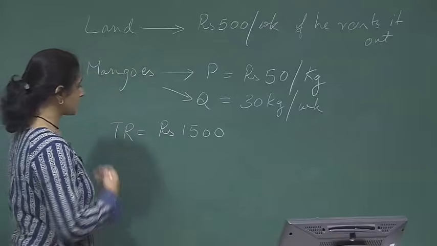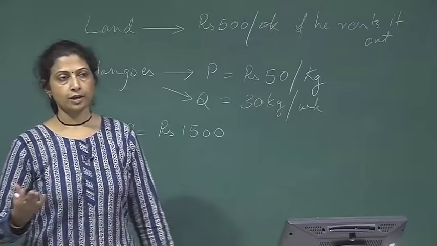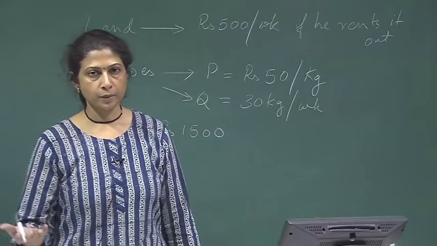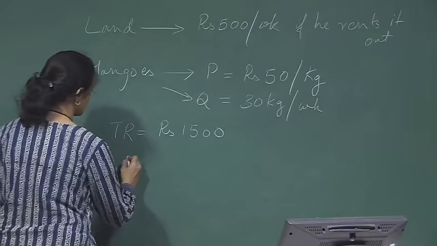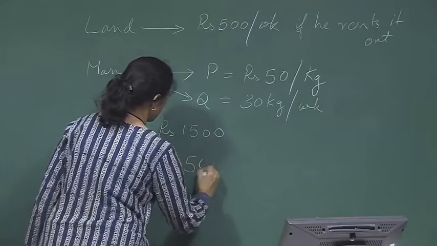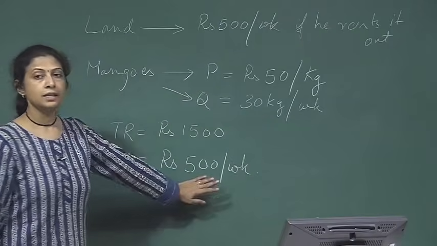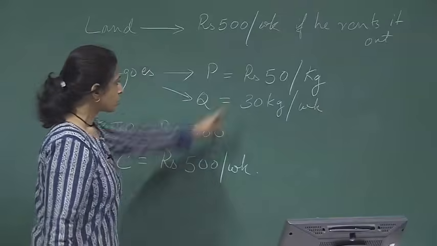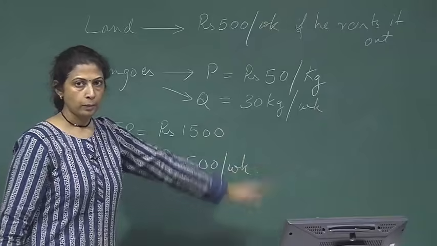The cost that he is incurring for producing the mangoes, say for example he has to purchase seeds, some fertilizer, some pesticide, etc. in the market, which costs him, say, rupees 500 per week. This is the amount that he has to pay per week to produce this amount of mango or to get so much revenue in the market.